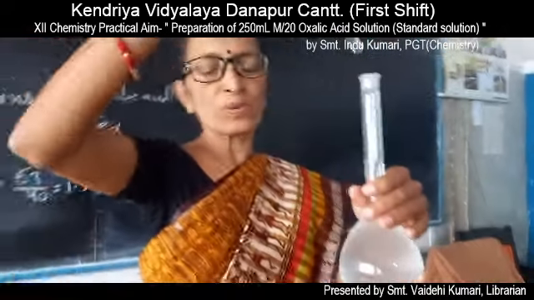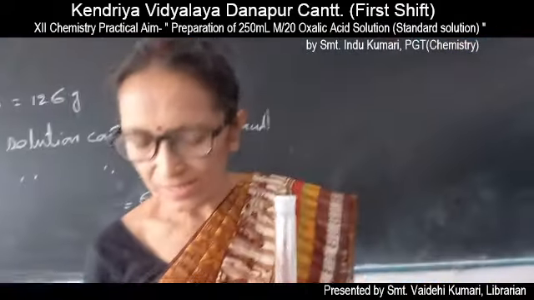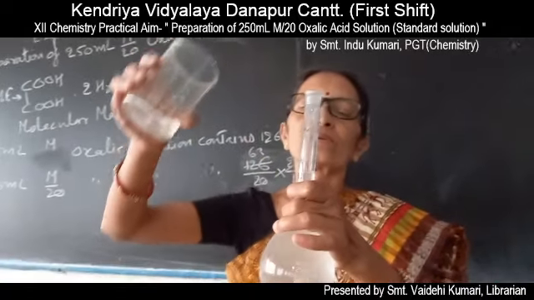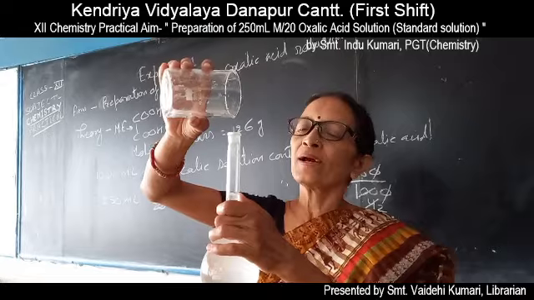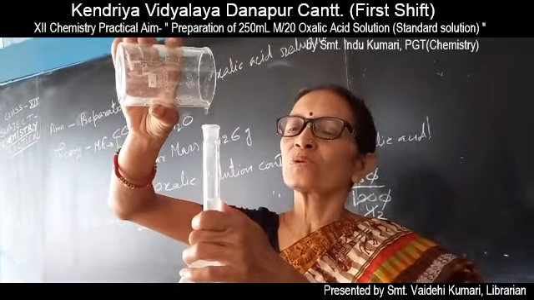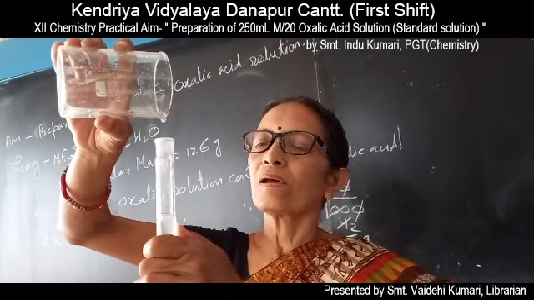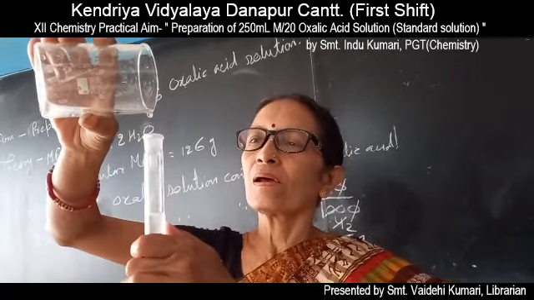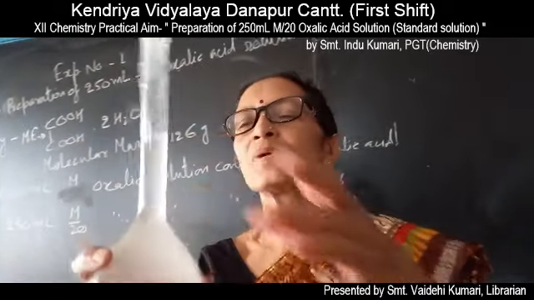The funnel should be out of the flask, as it may increase the volume of the solution. Now, while adding the last drop, the lower meniscus should be seen.